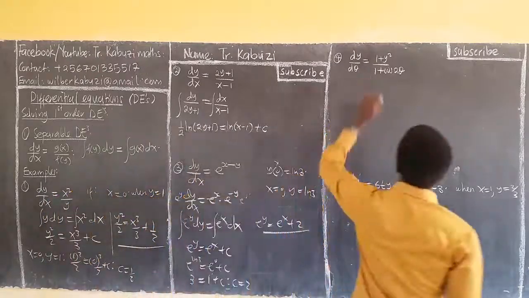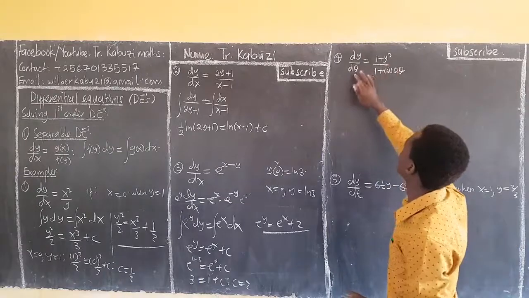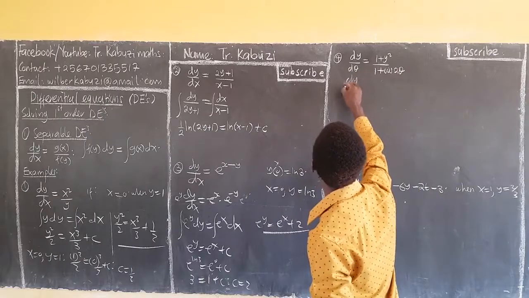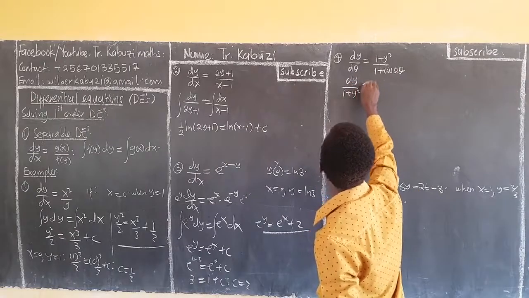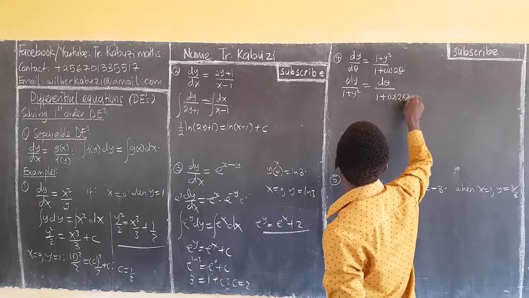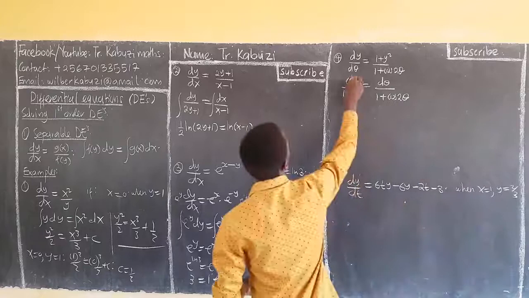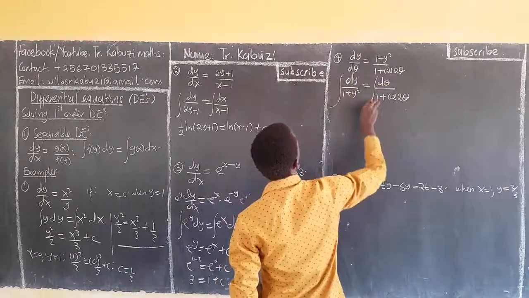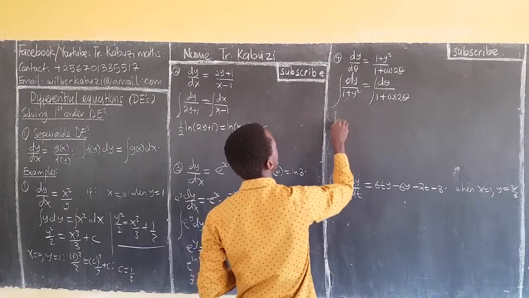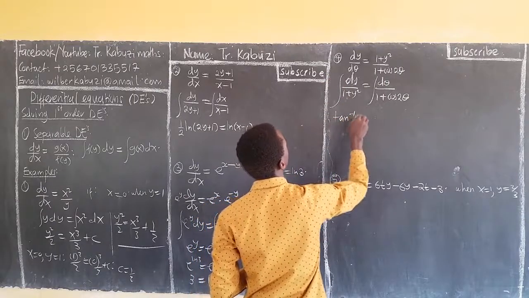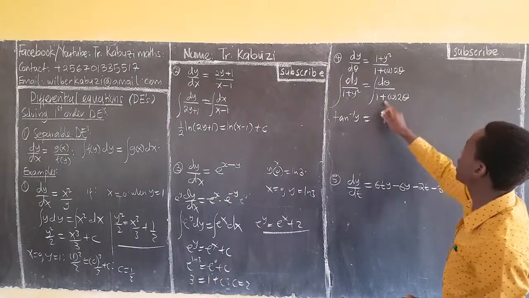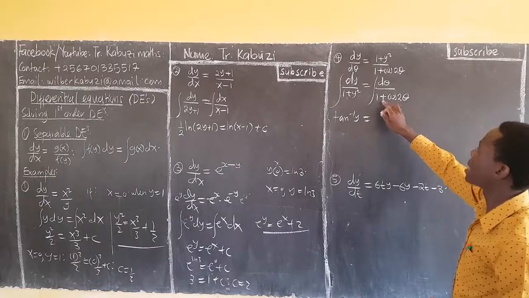So, when I come down to this, can I separate? Let me see. I can take this, and now this is the y figure, so I can separate these two. After separating, we integrate both sides. You see this will give me tan inverse of y, equaling to this. I cannot integrate this directly, but I can substitute it with something.